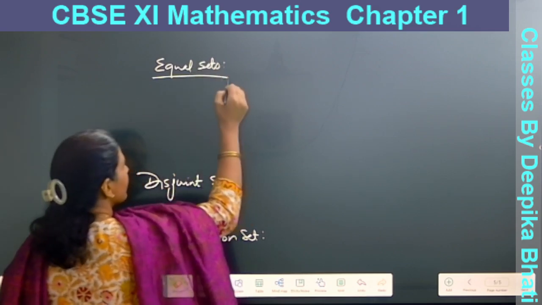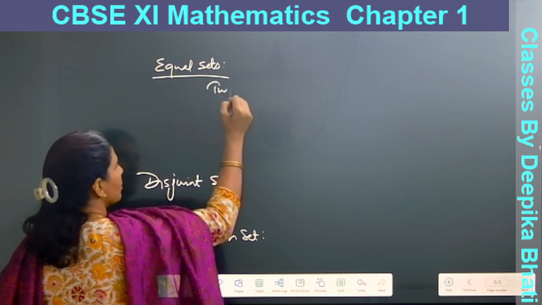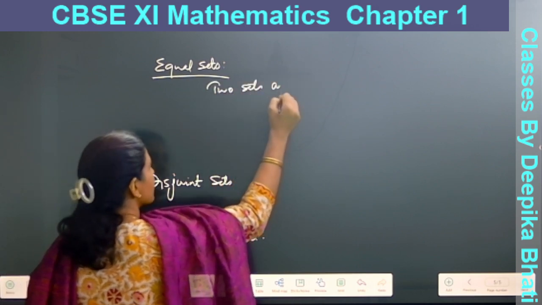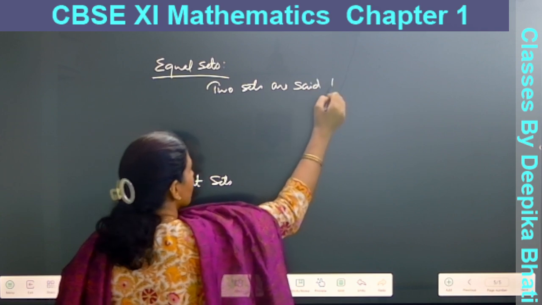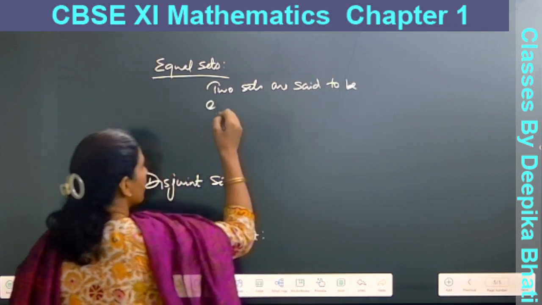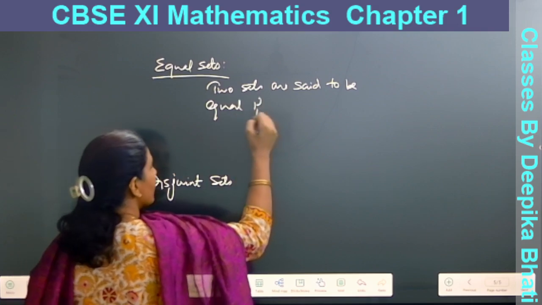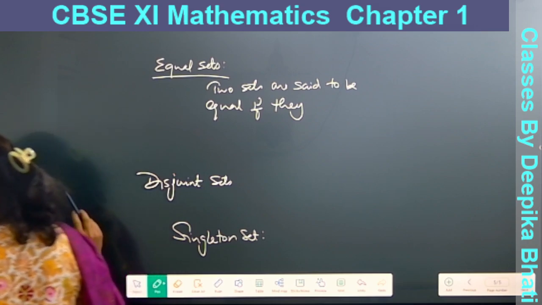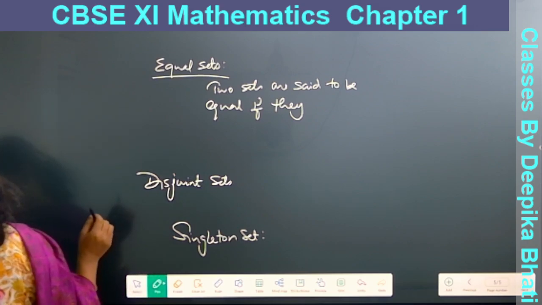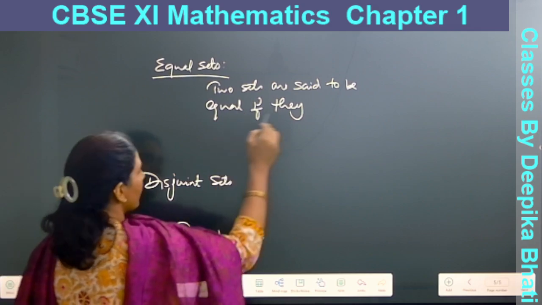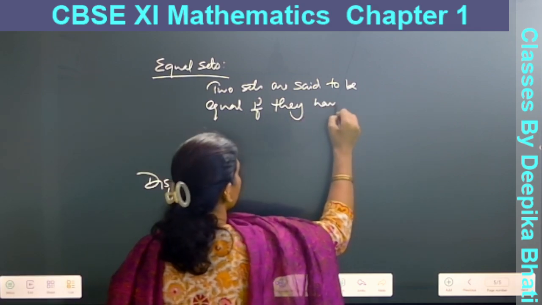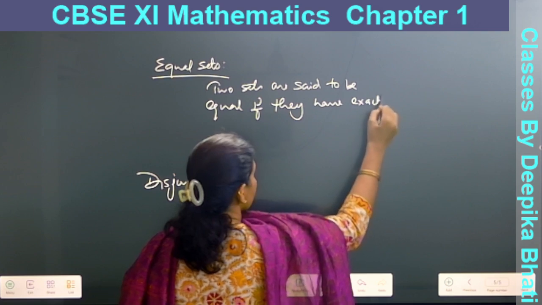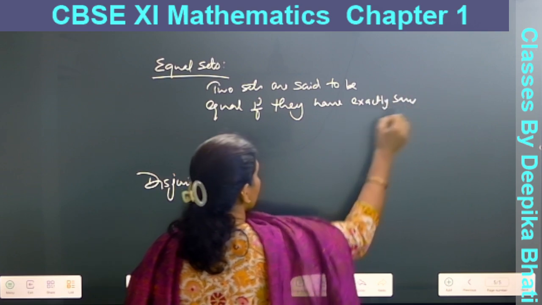So equal sets are basically two sets that are said to be equal if they have exactly the same elements. If two sets have the same elements. Yes, if they have exactly the same elements.